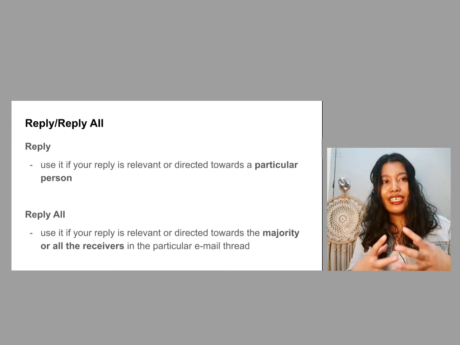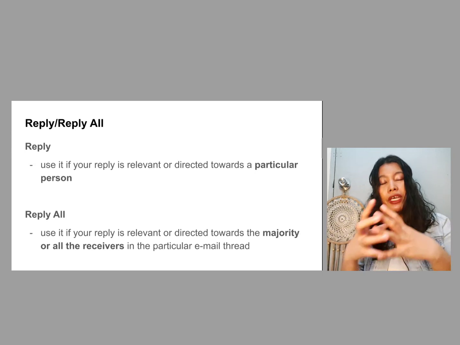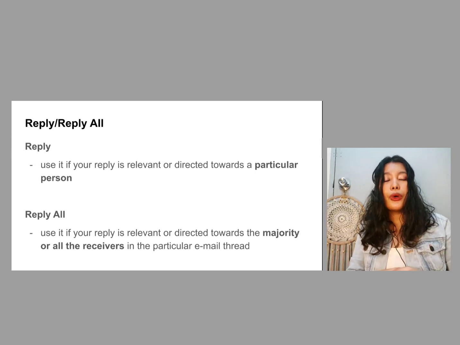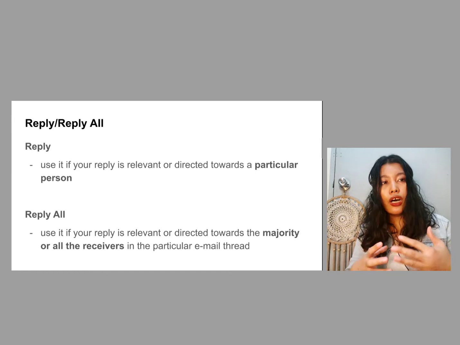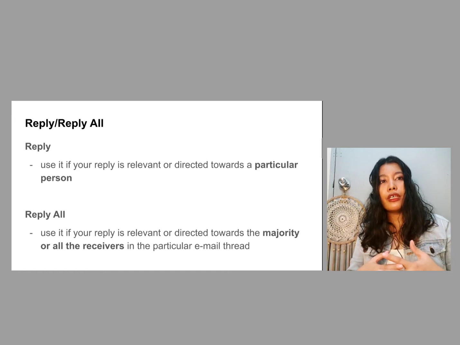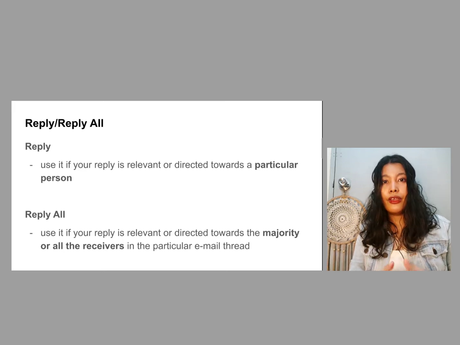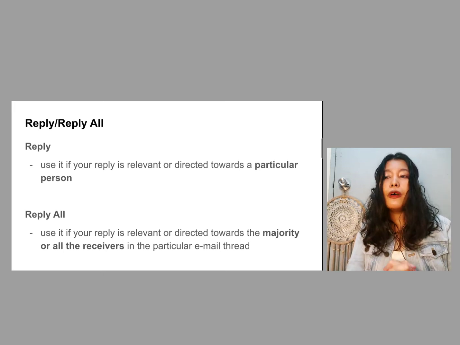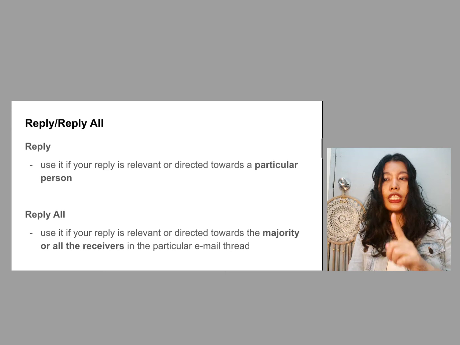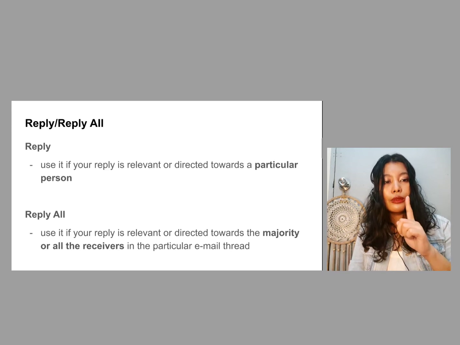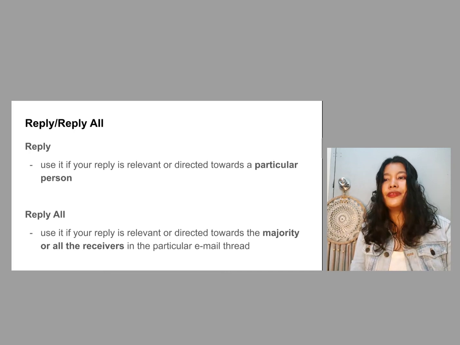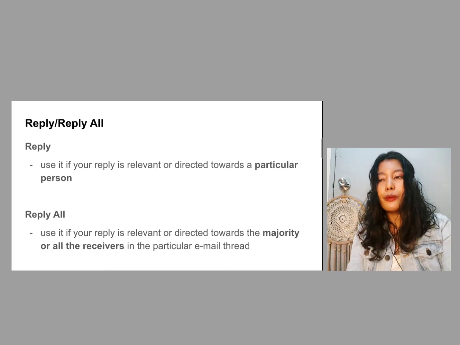Sometimes we dread emails because emails equal work. And so for some people, they do not like to receive emails that are not relevant to them because it triggers their anxiety. All right? So be careful of using reply all. Use reply if your message is only relevant to one person. Avoid using reply all. Right? So that's reply and reply all.